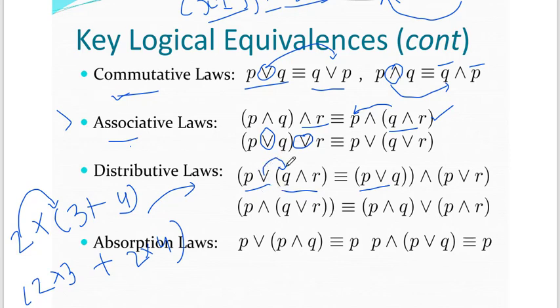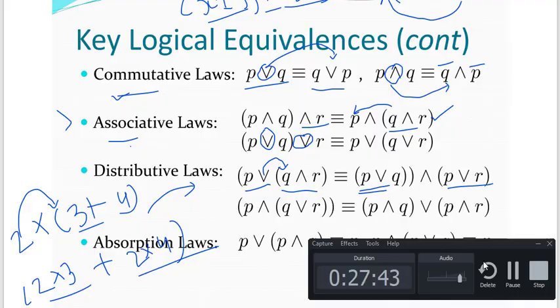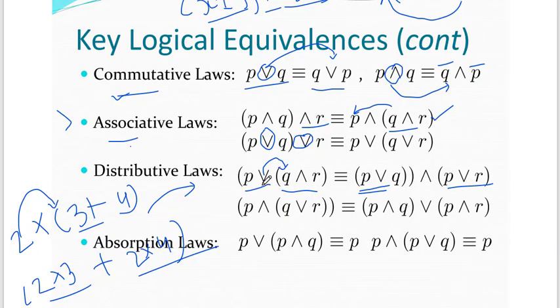If or will enter the bracket, it will or with both of these two propositions, so p or q and p or r, and this and will become in bracket, like this 2 and 3 plus here 2 and 4, okay, same as this. So this is called distributive law.